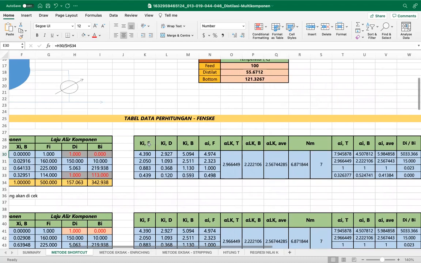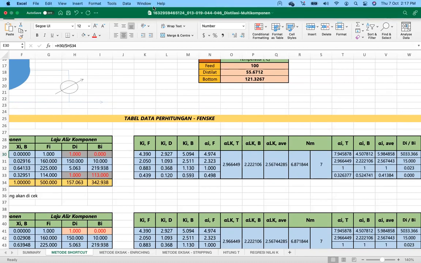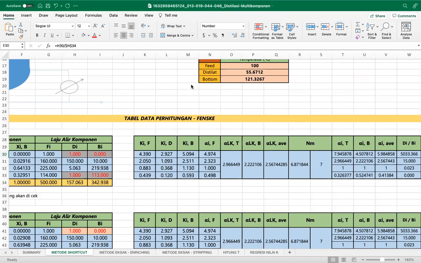Why do we have to find the K value for each component, each stage?